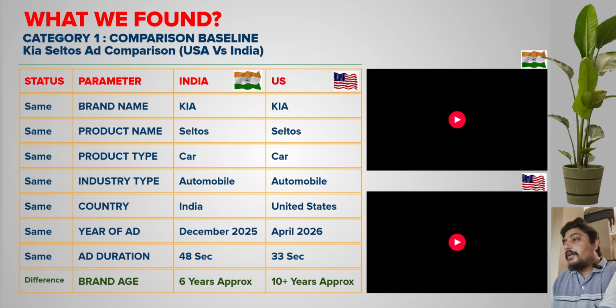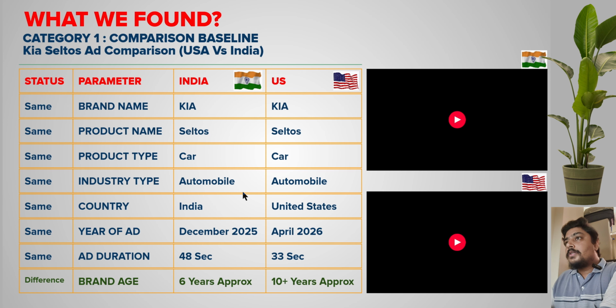Kia entered the American market in 1992, which is a pretty long time, so we have marked it as 10 plus years, and 6 plus years in India. As you can see, Kia is fairly old in the United States in comparison to India. So this is the baseline comparison info that we have.